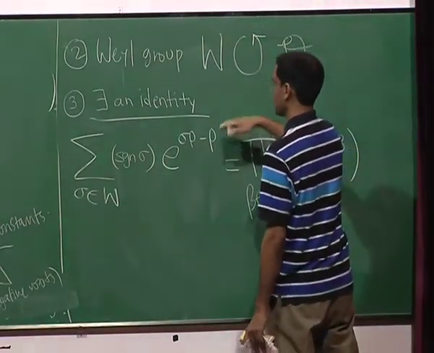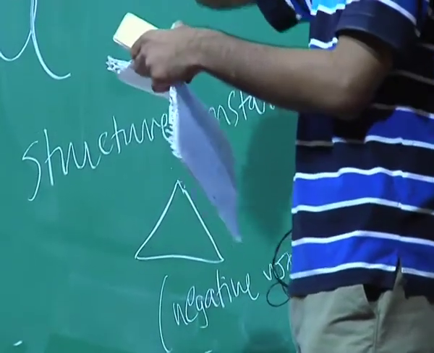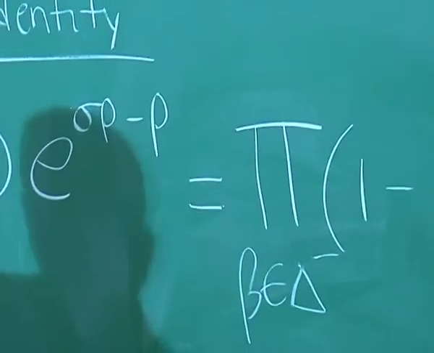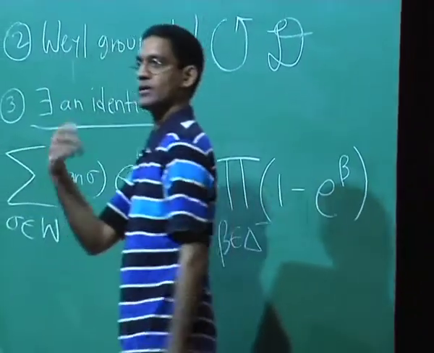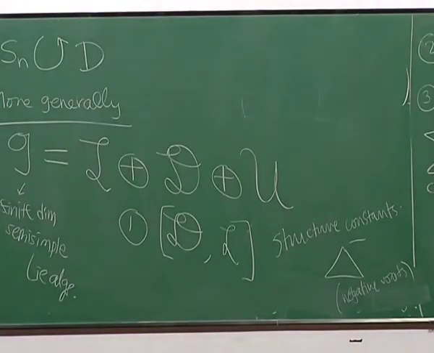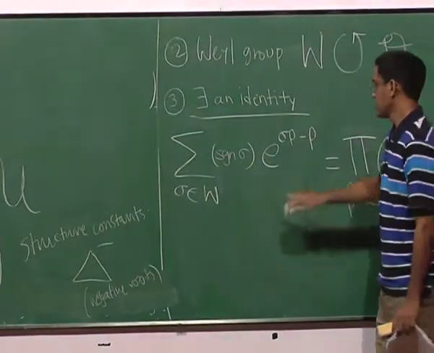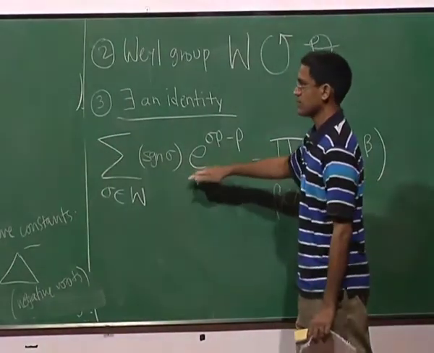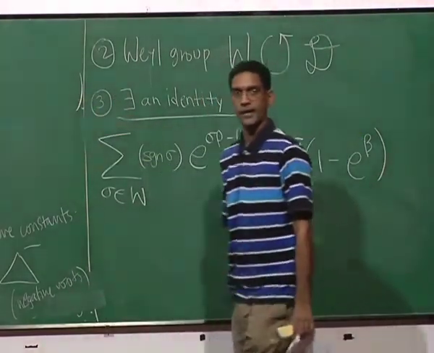Just like with the xi's, we figured out what the rho was. It was a certain combination of the xi's. In general, you can do the same thing. Given the structure constants, you can always figure out what that rho is. So there's always such an identity associated to every finite dimensional semi-simple Lie algebra. And if you unravel this identity for the Lie algebra SLN, it gives you exactly the Vandermonde determinant identity.